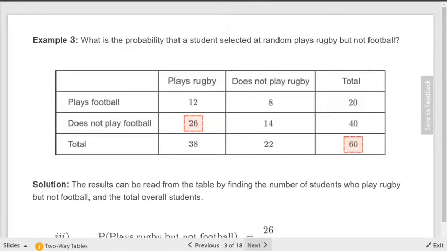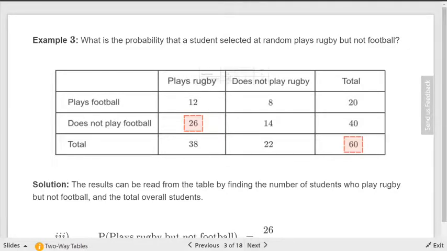All right. Look at this example, guys. In this example, we want to see what is the probability that the student selected at random plays rugby but not football? So this time, we're not looking for every student that plays rugby. We're only looking for the students who play rugby who also do not play football.